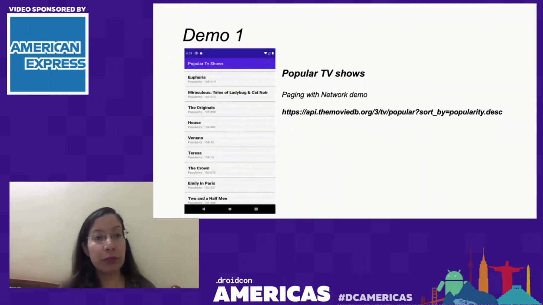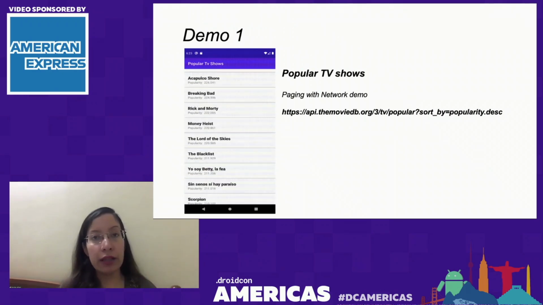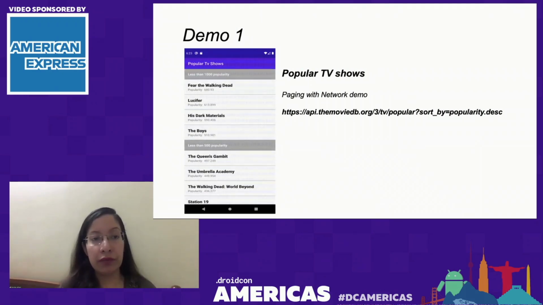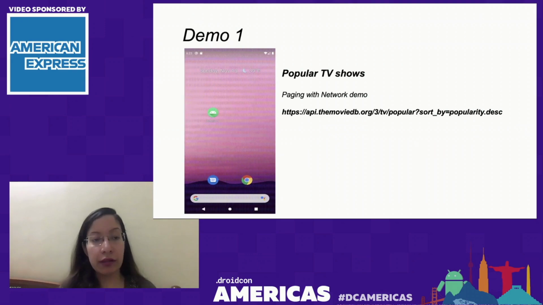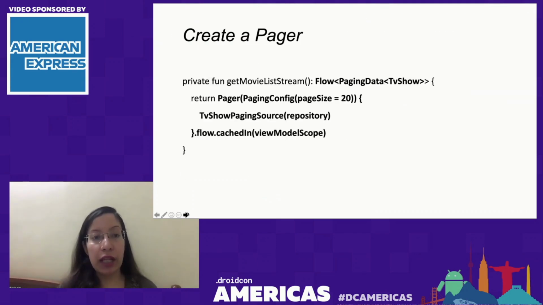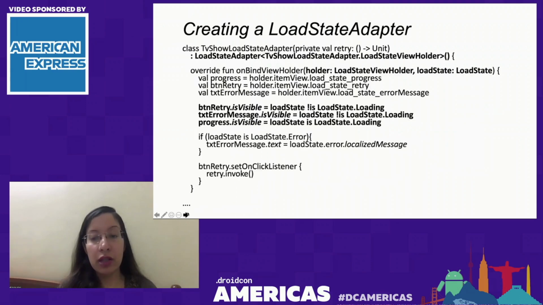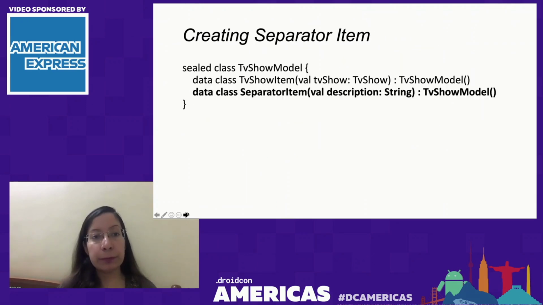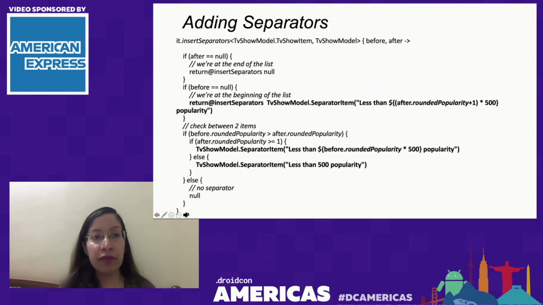From the network I simply get the list of TV shows. In those I have to insert the separator, so that's why I'm using map, and then I'm inserting the separators. I've created the separator as a separator item, which has its own layout and its own view holder.